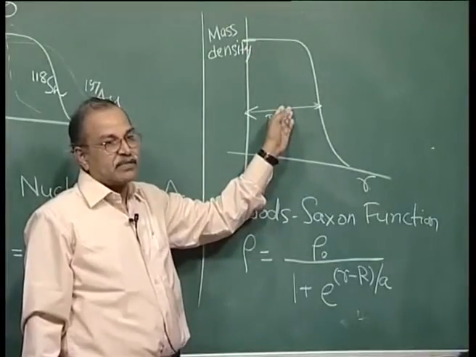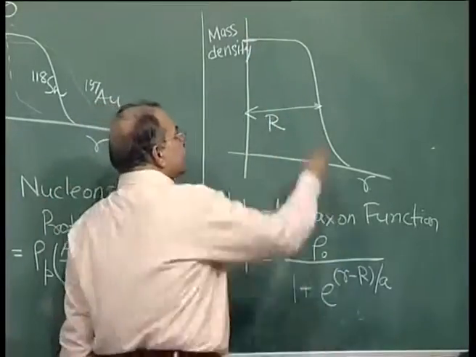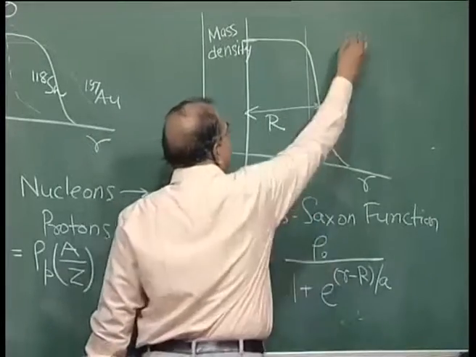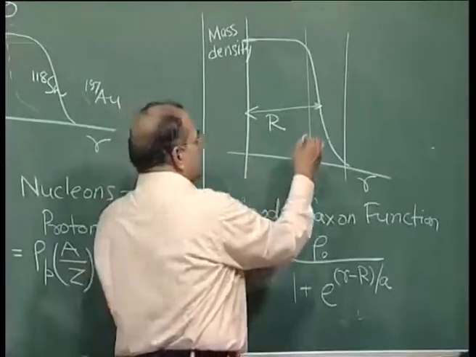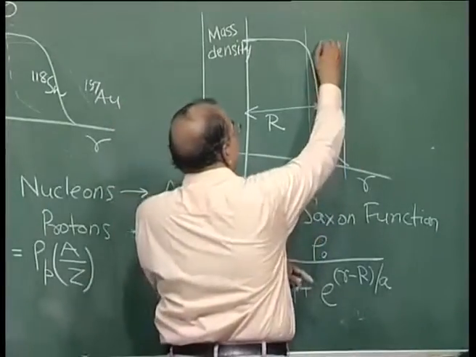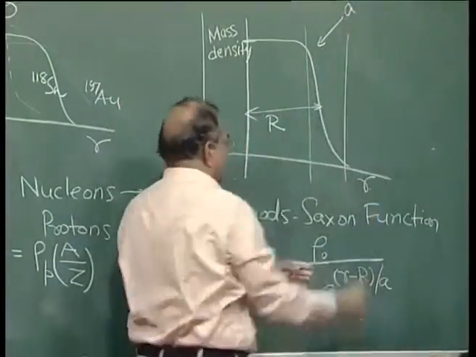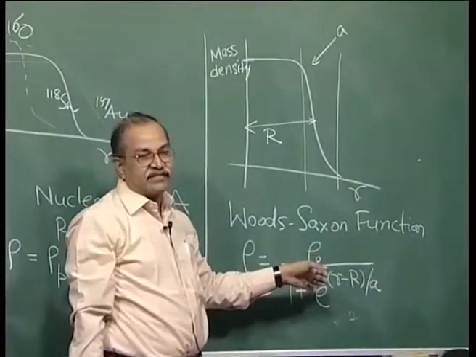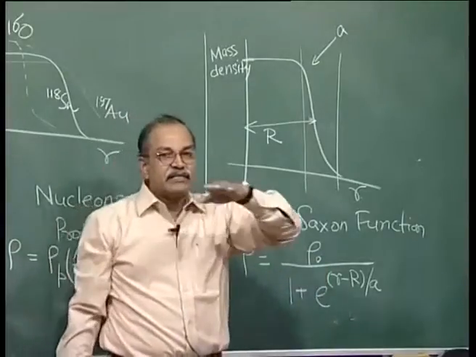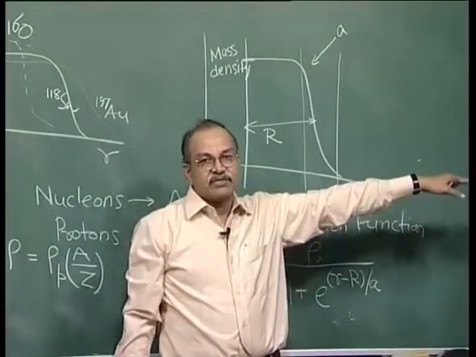And this a is related to how sharply it falls to almost 0. It is not that this distance is a, but it is related to a. If a is small, it falls more steeply. If a is large, it goes very gradually.